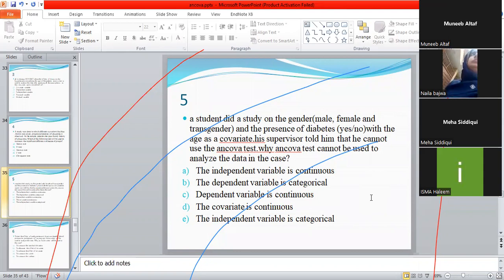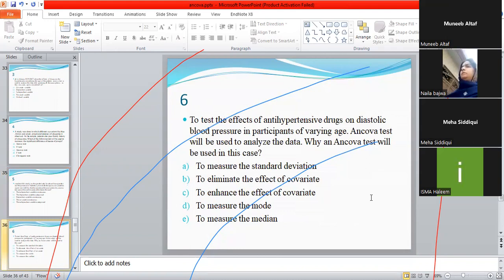Yes, B is the right answer. The dependent variable is the presence of diabetes, yes or no. So the dependent variable should be continuous data to apply the ANCOVA test.